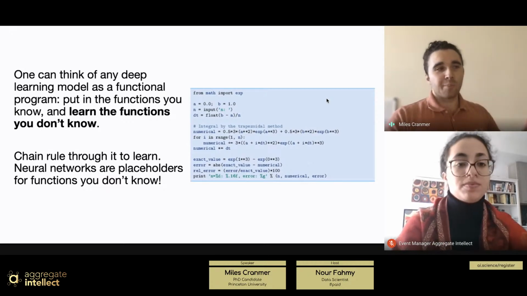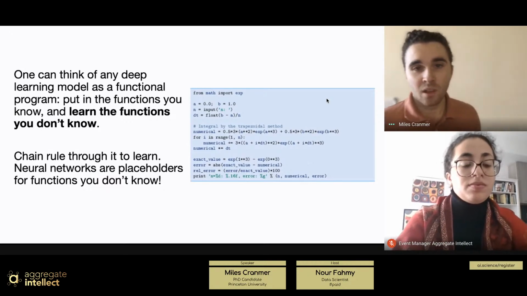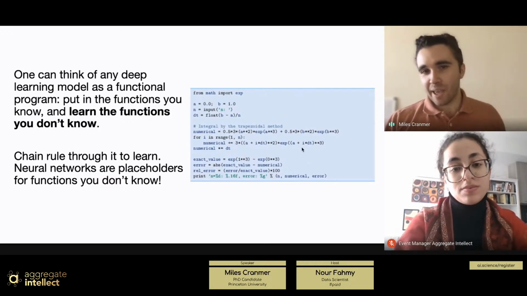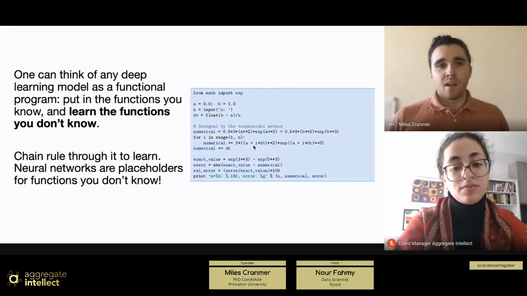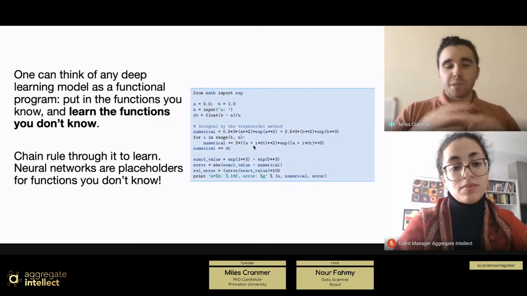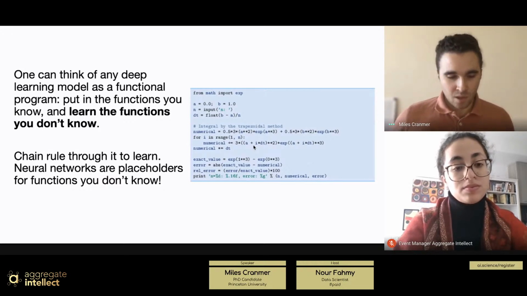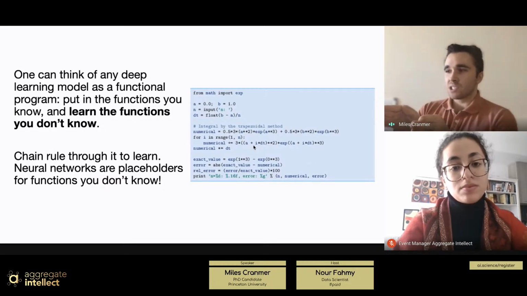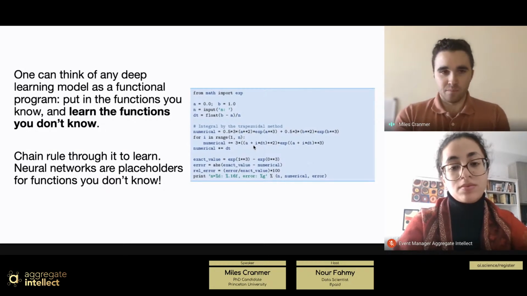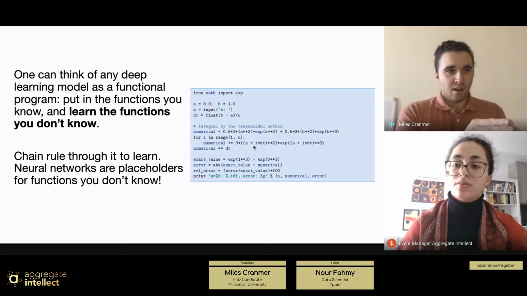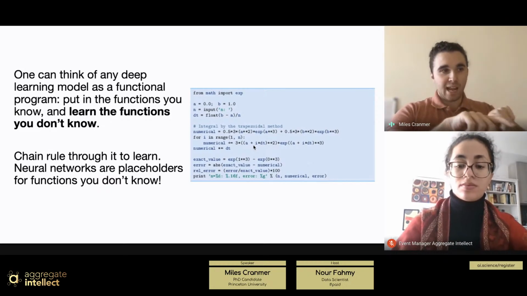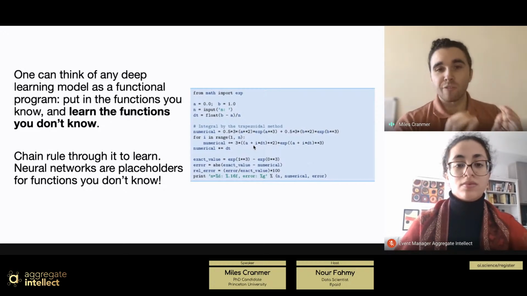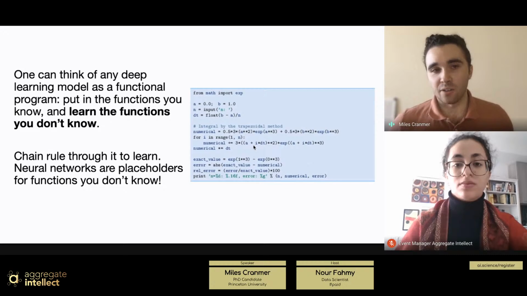If you write out a program to do something, like in this example, some integration method where you're integrating some function, what deep learning basically lets you do is replace any part of that program with a neural network. And via auto differentiation, you can find the optimal function for that piece of code.